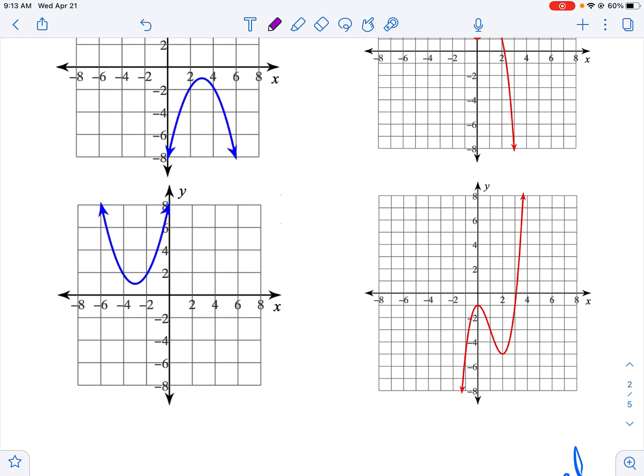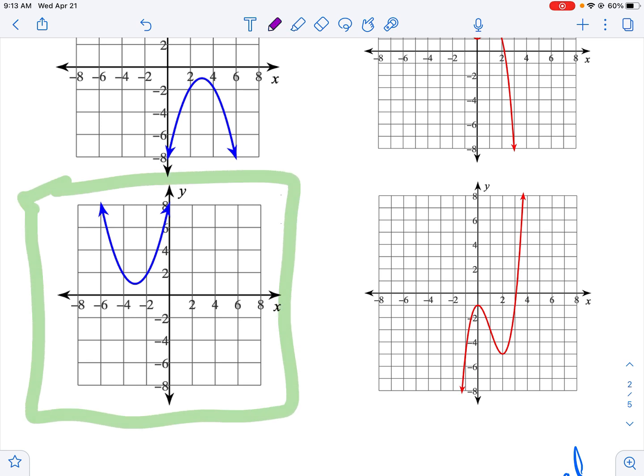This blue one here goes up, up, so it is an even with a positive coefficient.